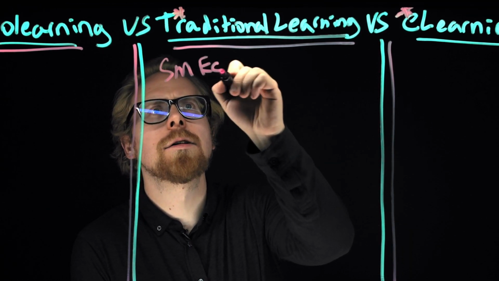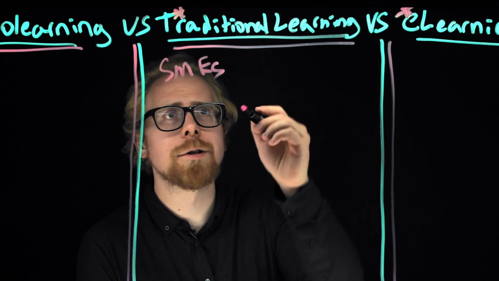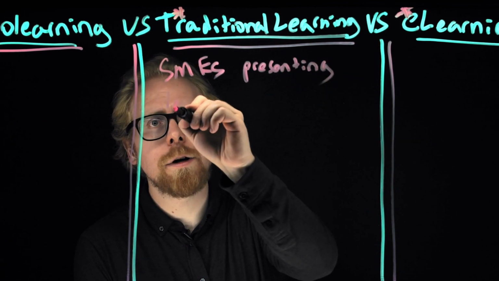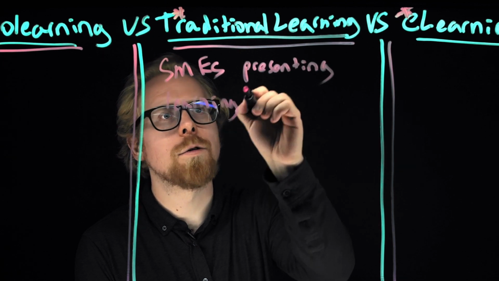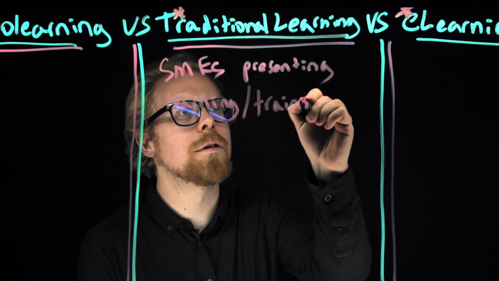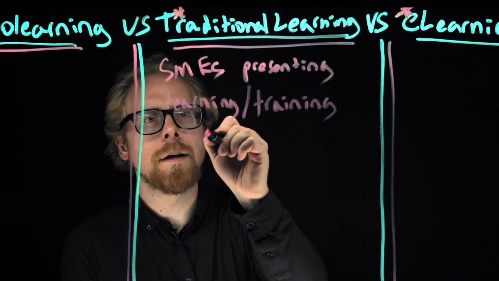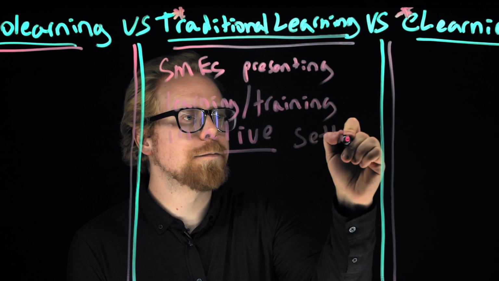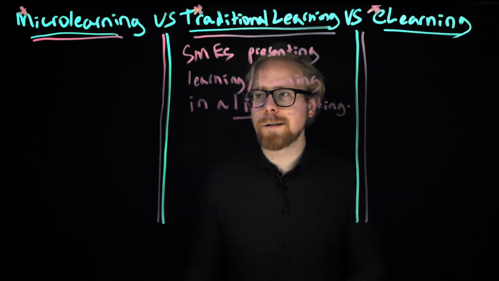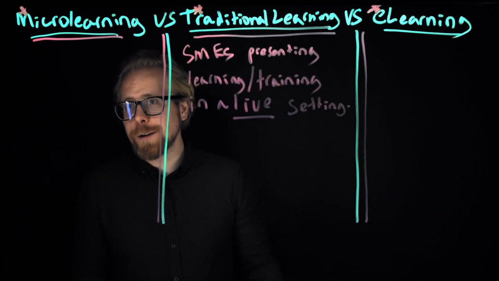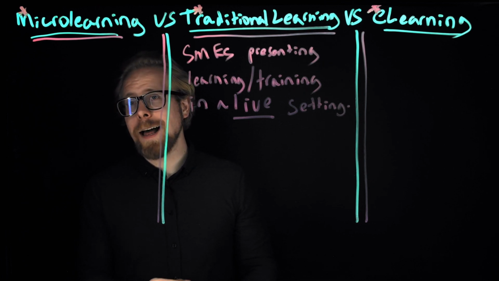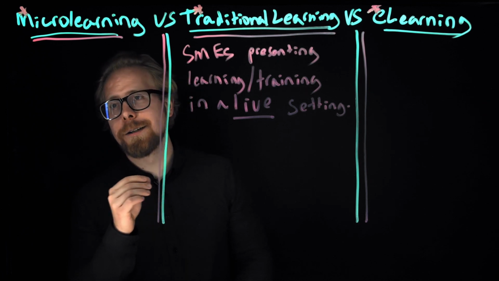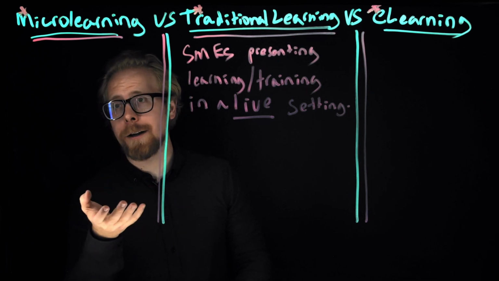We'll go SMEs, subject matter experts, presenting learning or training is probably the better English, in a live setting. I say live because, well, technically, nowadays, a lot of people find themselves presenting live trainings via video conferencing online.